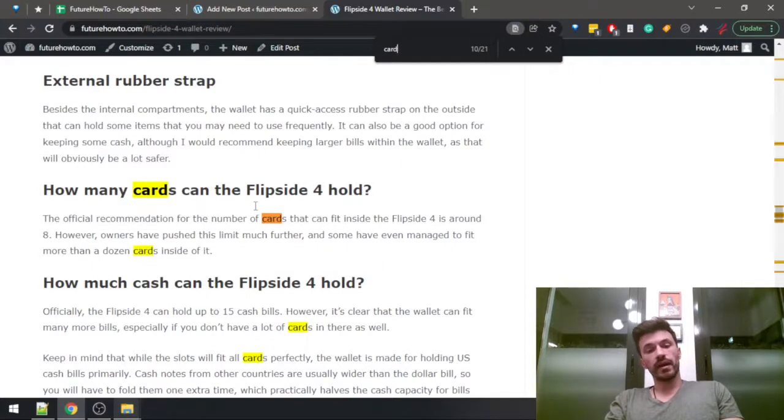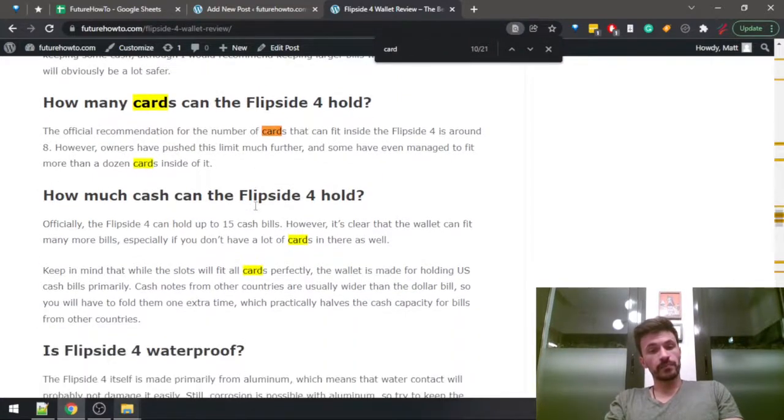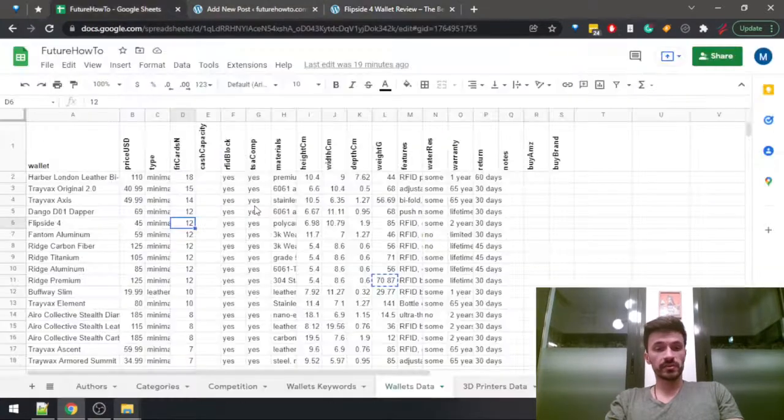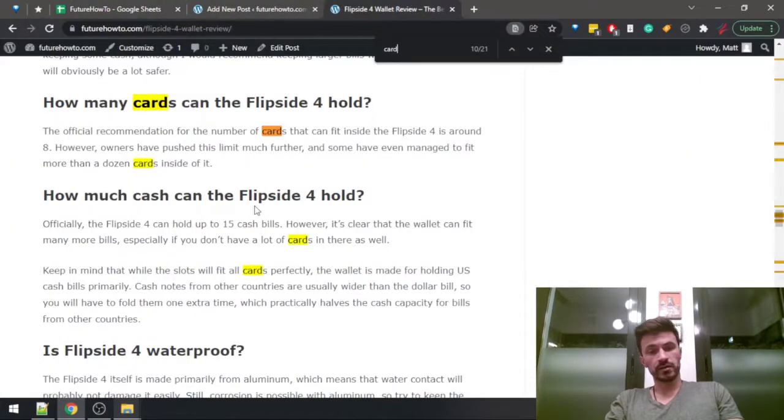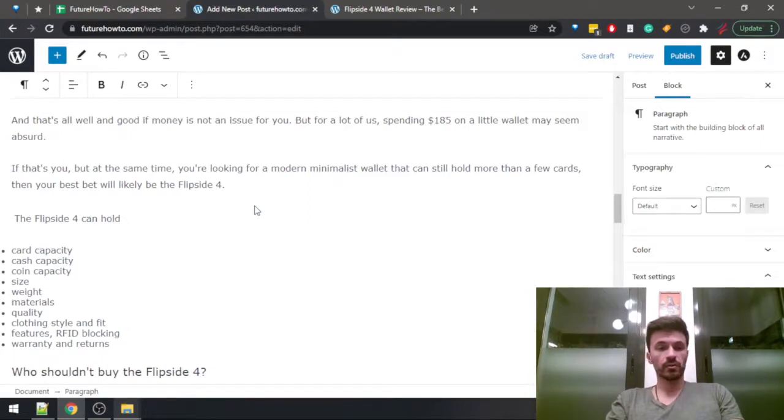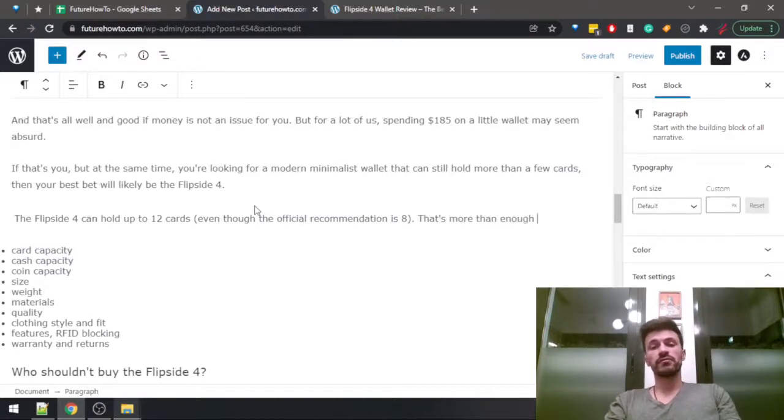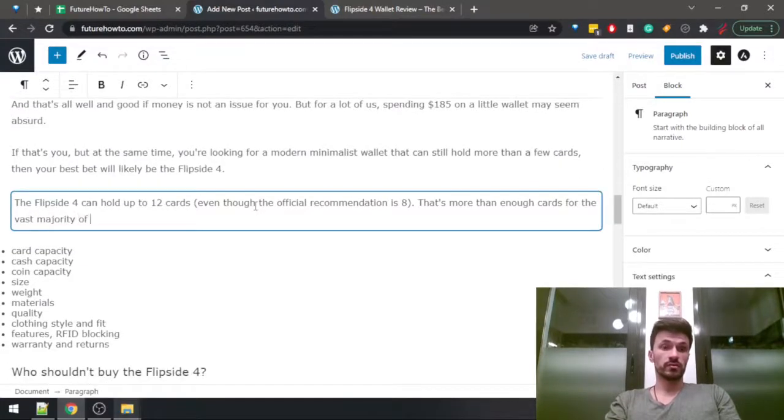Okay, so it's 8, but users typically say it can hold up to 12 cards, even though the official recommendation is 8. That's more than enough cards for the vast majority of people out there.